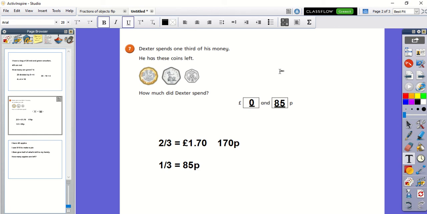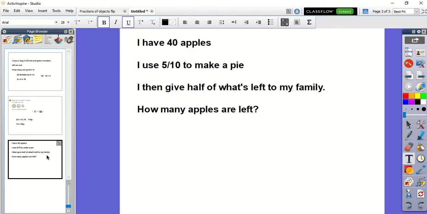Okay? Now the final one I'm going to show you is this one. This one's asking you to find two sets of fractions. So let's have a go. I have 40 apples. I use 5/10 to make a pie. I then give half of what's left to my family.